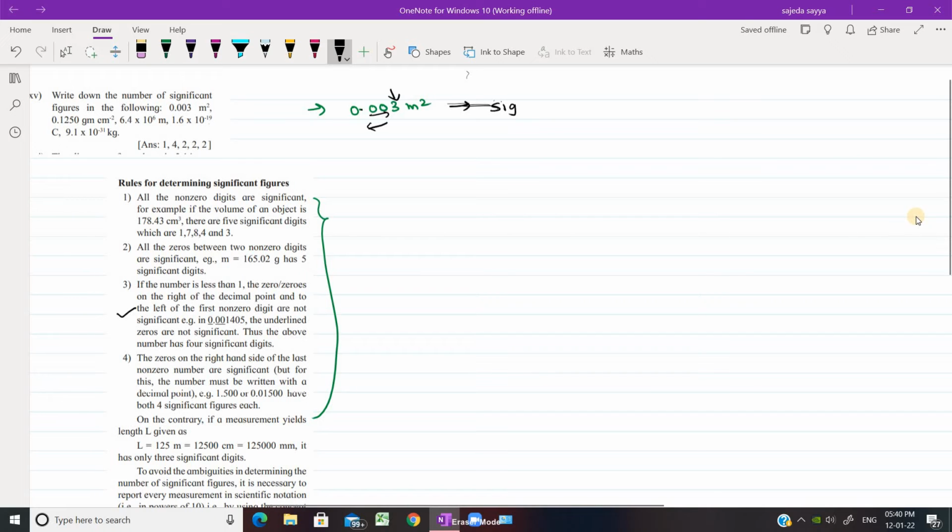Some problem is there, it's not responding. Let me write it: heading, number, significant figures.